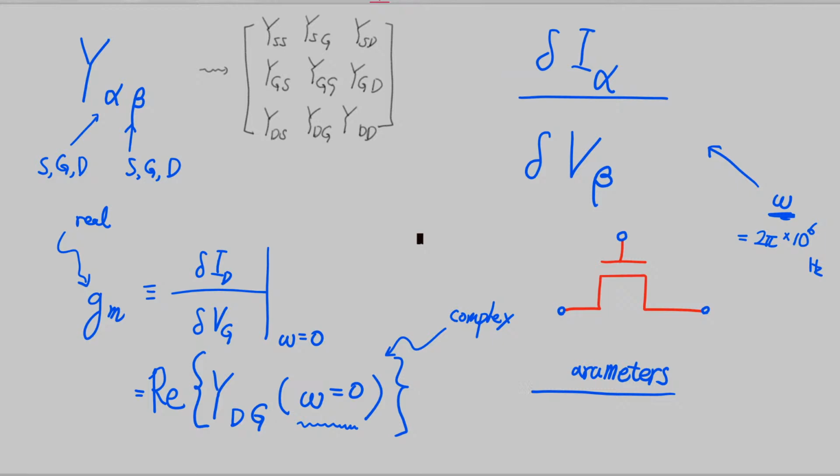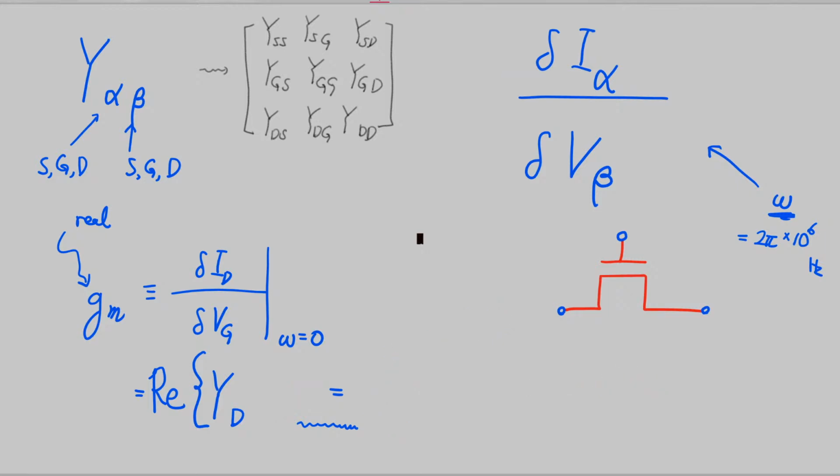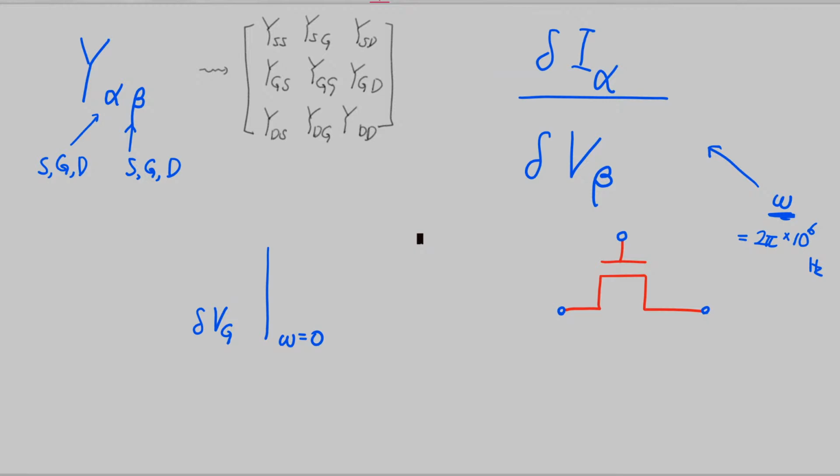Now we can think about another important quantity, CGG. What is this? It means that we are now thinking about the gate capacitance.